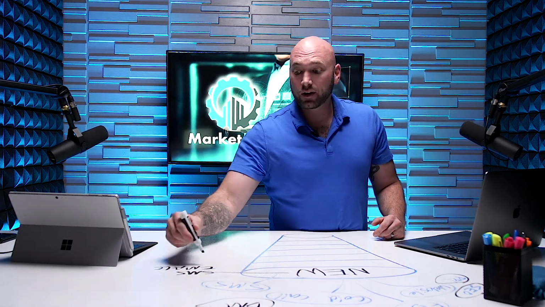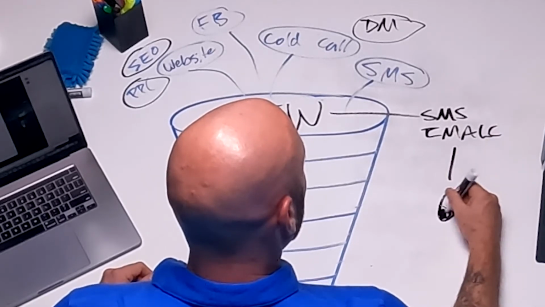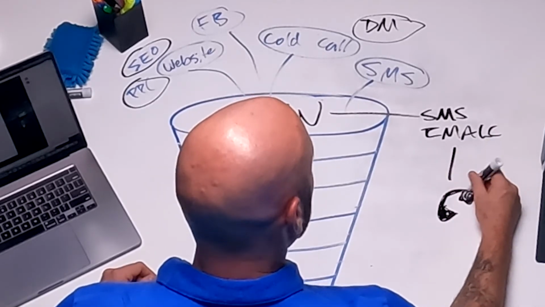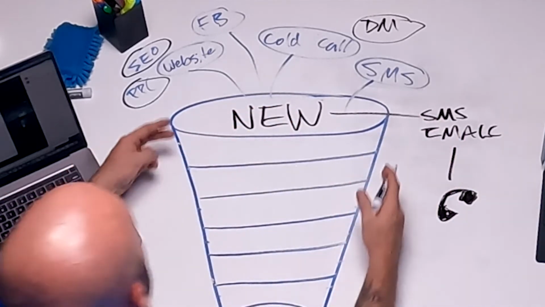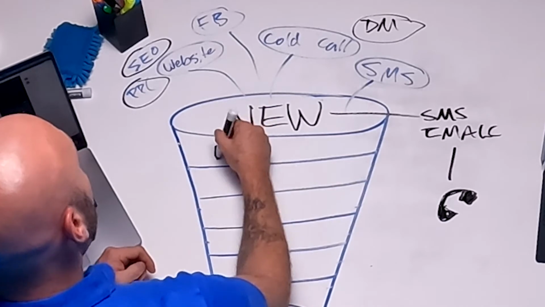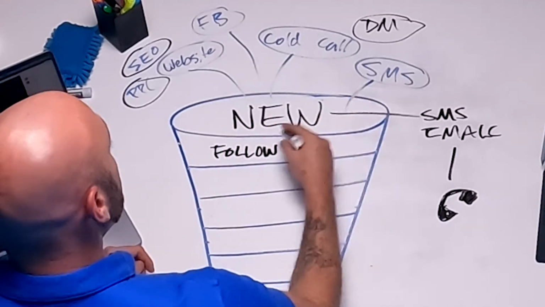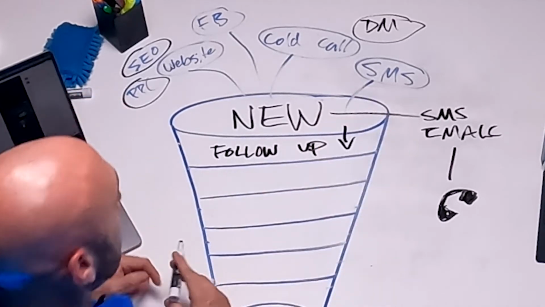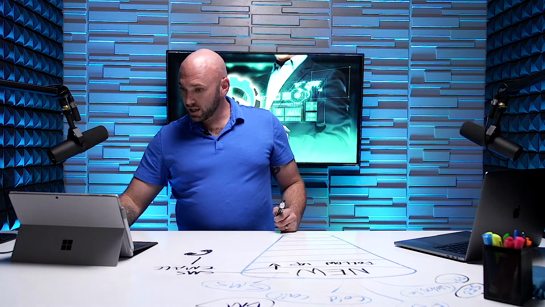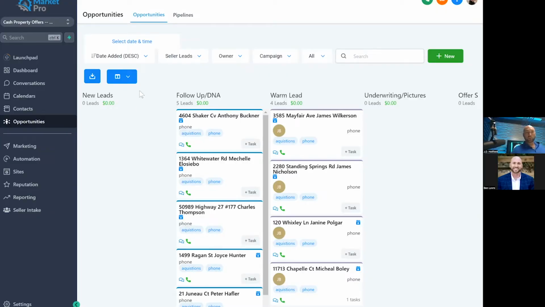After that, the goal is to get that seller on a phone call so that we can have a quality conversation to qualify this lead and push them down to the next stages in the funnel. If we are unable to make contact, it's automatically pushing that seller lead into the follow-up sequence. Now you can see here what we're looking at, the new leads where the cursor's hovering around.